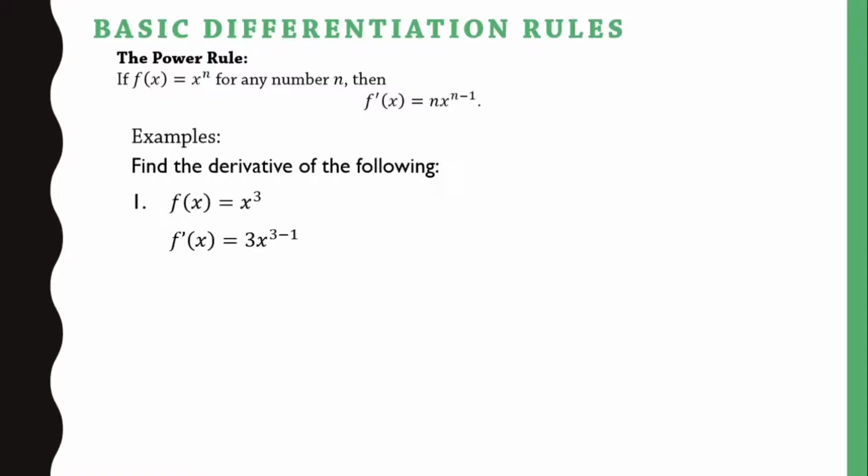Simplify, that will be f prime of x equals 3x raised to 2, or 3x squared. So, the derivative of x cubed is 3x squared.